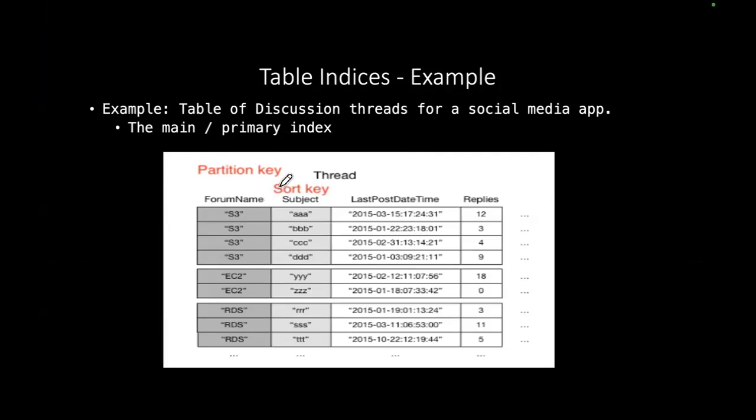The sort key looks like it's a subject for a particular forum discussion. It should be a string. The strings are meaningless in this case, but you kind of get the point, hopefully. So that's a table, right? And we would refer to this table now as the main index for this table, also referred to as the primary index.